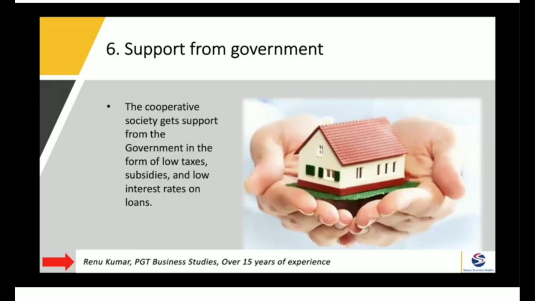The raw material and the tools and all the equipment required for their functioning, they will be getting all these at subsidized rates from the government. And if they take a loan from the bank or from any other agency, then their interest rate will also be comparatively lower. So these are the privileges which are given to these cooperative societies.